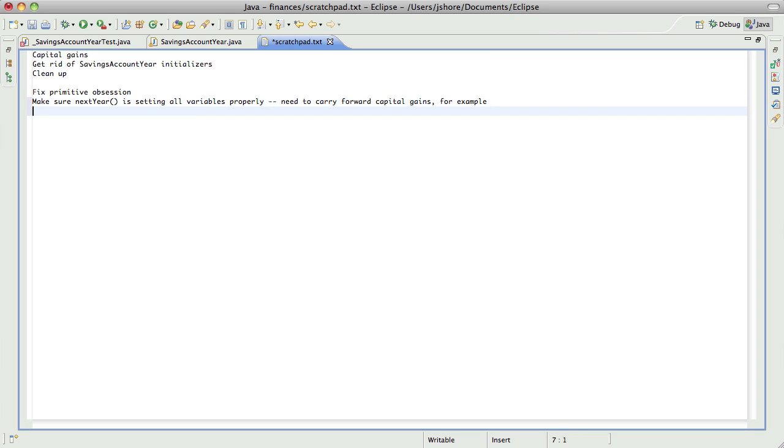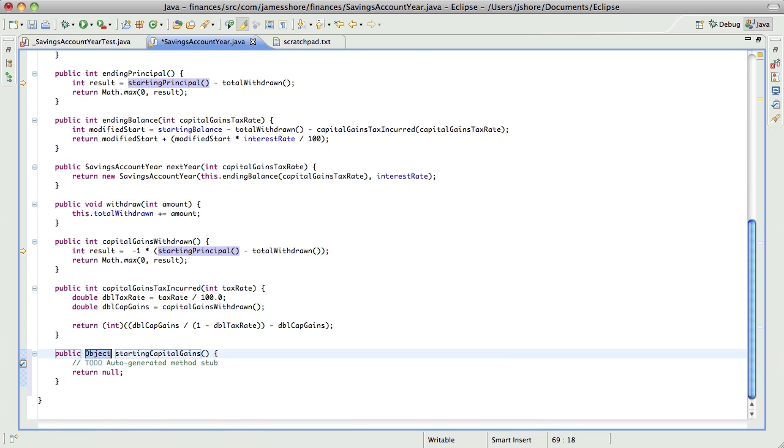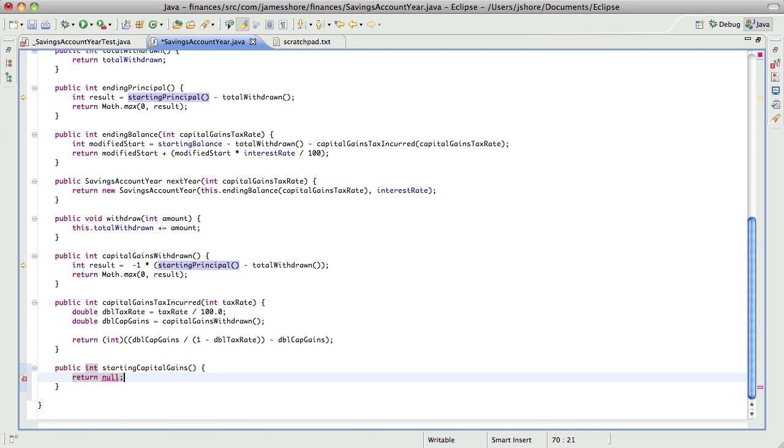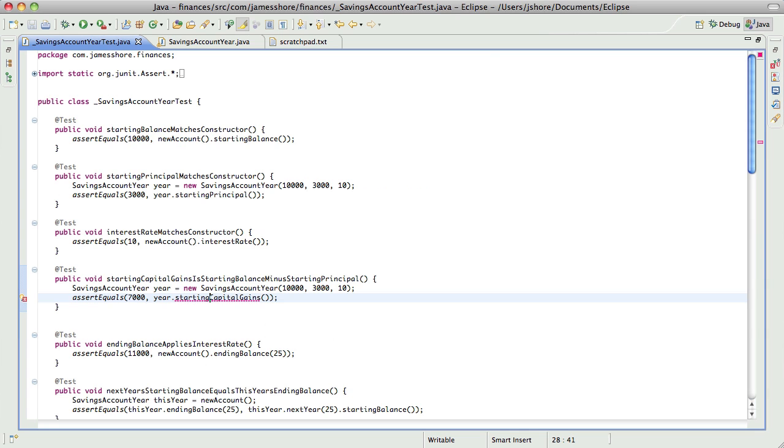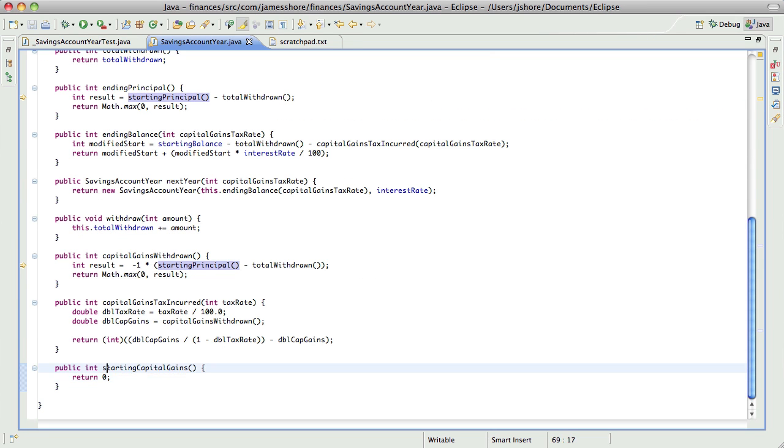We also need to calculate ending capital gains, which is closely related. Okay, so that's going to fail because we don't even have a starting capital gains yet. Let's create that and blah, blah, blah. Expected 7,010, no surprises.